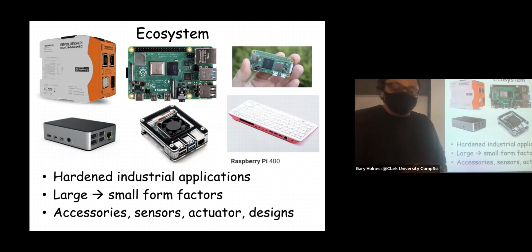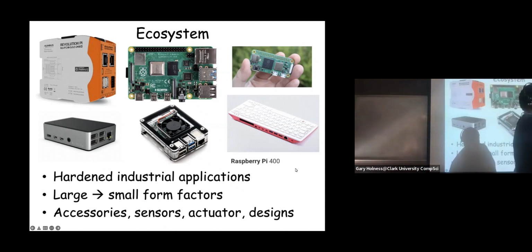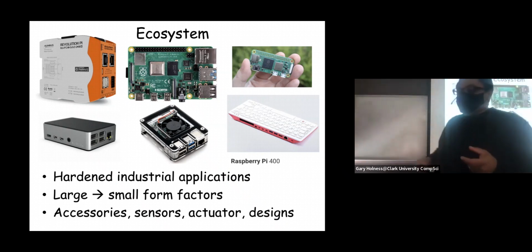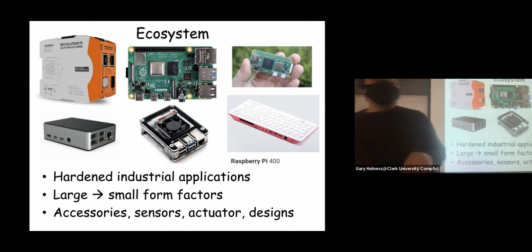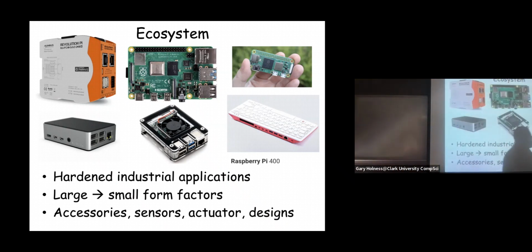So the Raspberry Pi is not just the device itself, there's a whole ecosystem around it, just like we saw with the Arduino. We have the plain vanilla Raspberry Pi platform, which is credit card size, but we also see different form factors that are tuned for all sorts of environments.